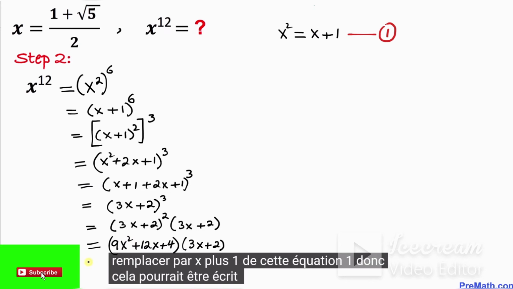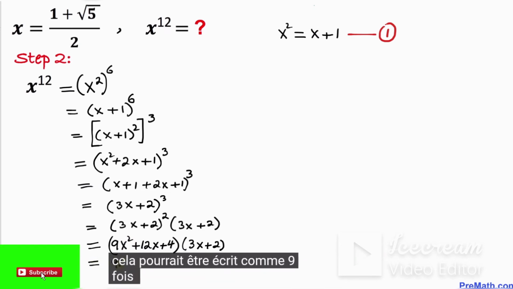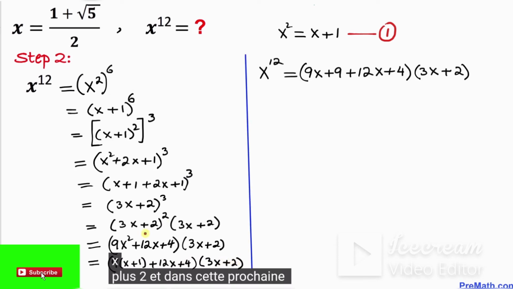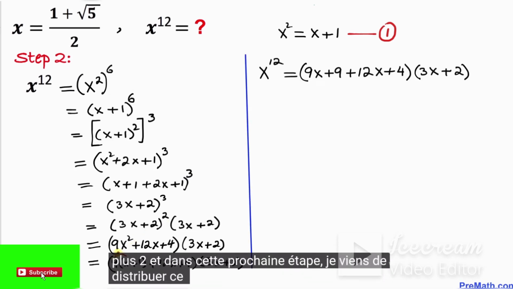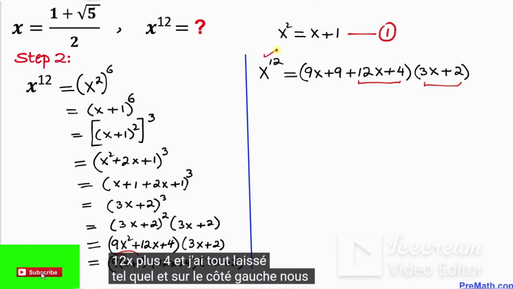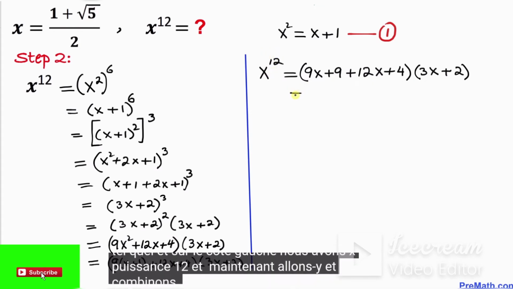So this could be written as 9 times (x plus 1) plus 12x plus 4, and then times (3x plus 2). In this next step I have just distributed this 9, so this becomes 9x plus 9 and then 12x plus 4, and I left everything the same. On the left hand side we got x power 12. Now let's combine the like terms.